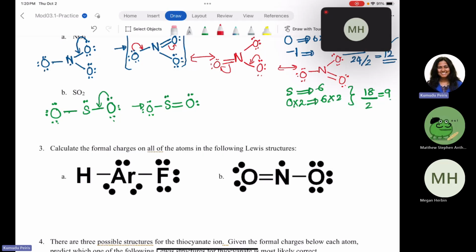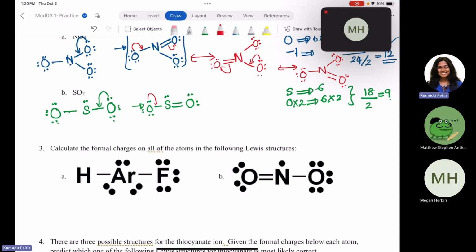Now we can draw the resonance structures. Remember the rule, when we draw resonance structures, we don't break the sigma bonds, we only move the lone pairs and the pi bonds. Make sure you don't add more than 8 electrons, okay?